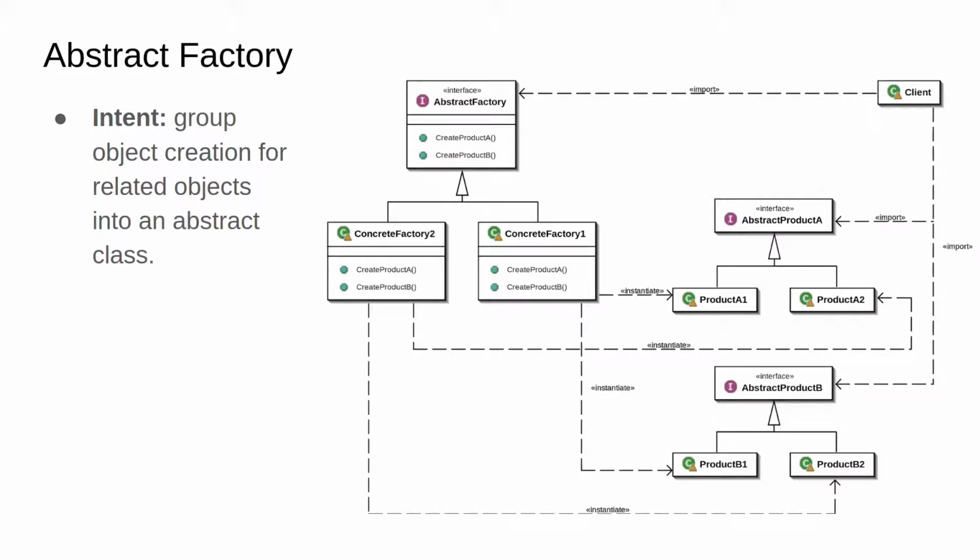One is a classic factory that creates a classic bed, a classic table, and a classic sofa, and you can have a modern factory that creates a modern sofa, a modern bed, and a modern table. So these are two concrete factories, a modern factory and a classic factory, and they all inherit from an abstract factory that allows you to create a bed, a sofa, and a table. So that's the idea of the abstract factory pattern.